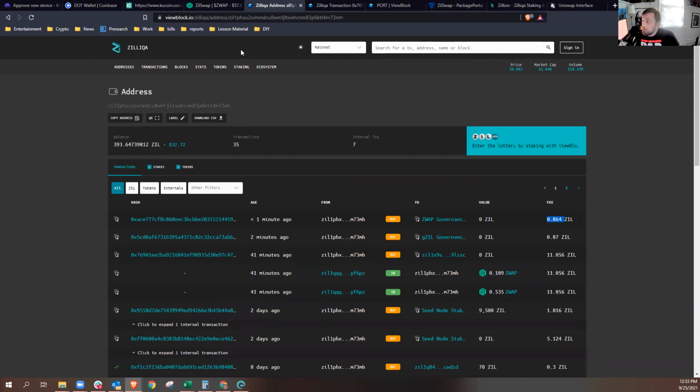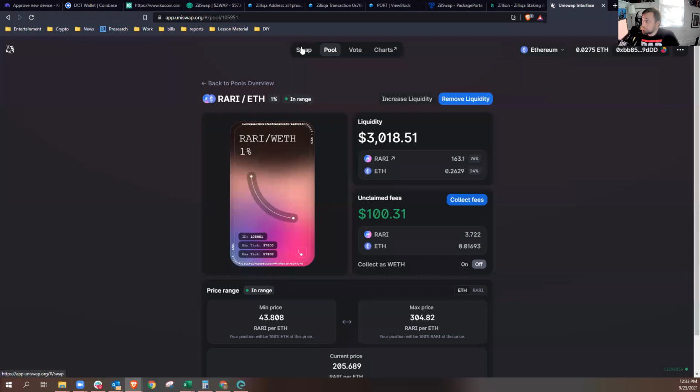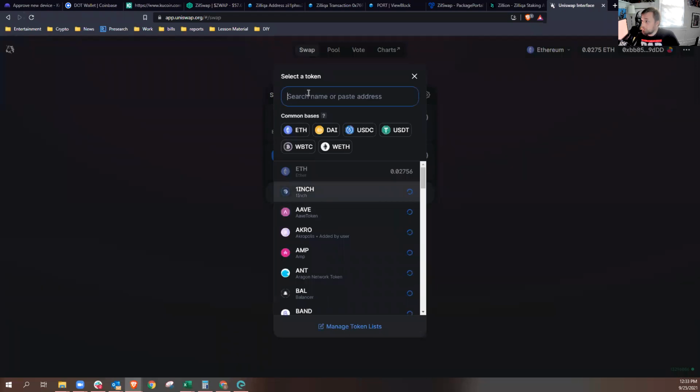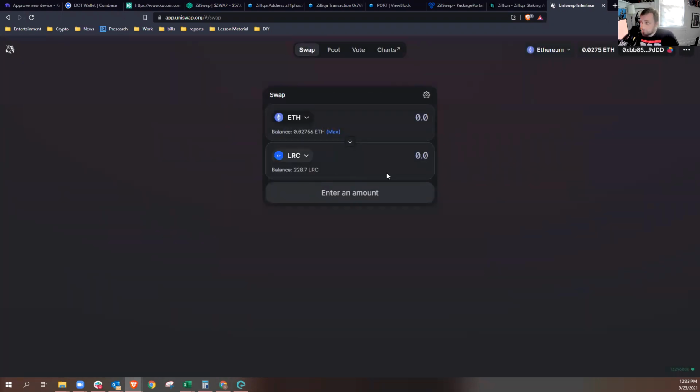If I wanted to do that on Ethereum with Uniswap, it's really, really expensive. Let's say I wanted to trade Ethereum for Loopring. There's rumors that Loopring may have a partnership with GameStop. So I want to buy the rumor so I can sell the news when the price goes up.